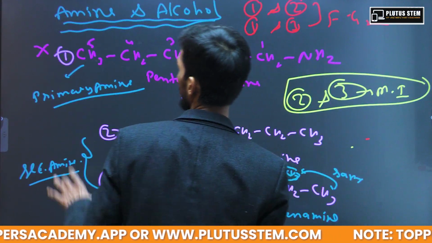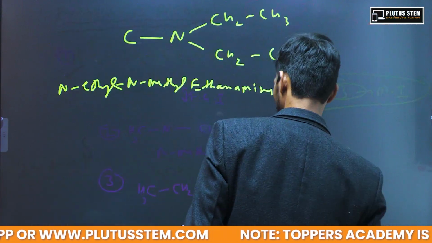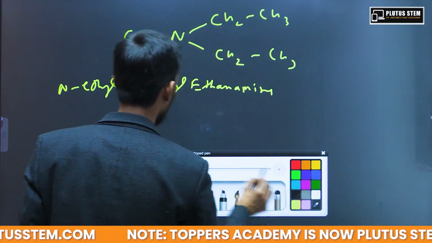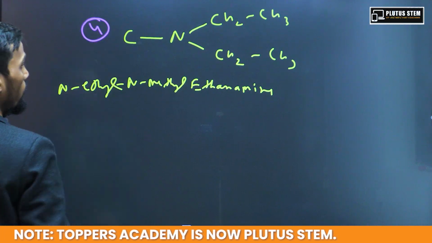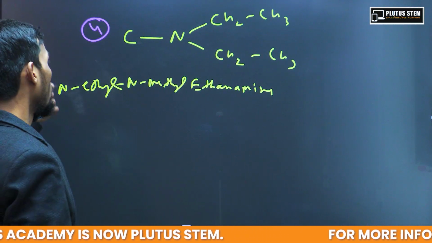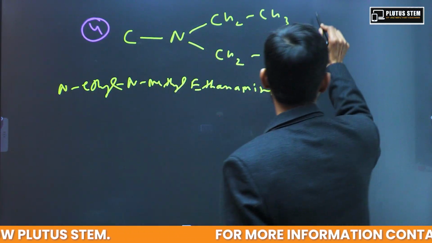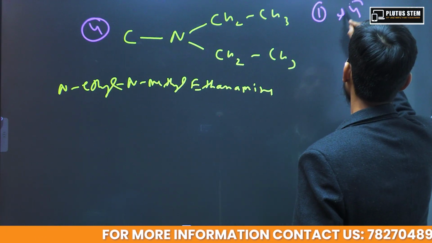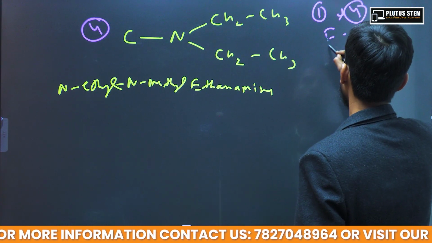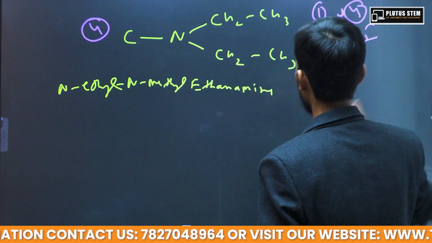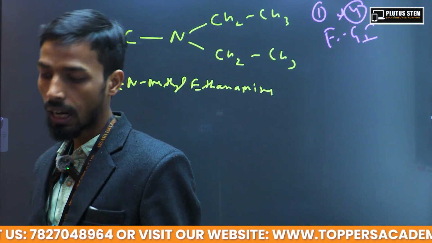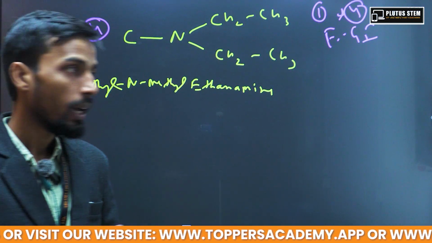If you say 1, 2, 3, this is the fourth one. We are moving in continuation only. So this 1 and 4 are also functional group isomers.